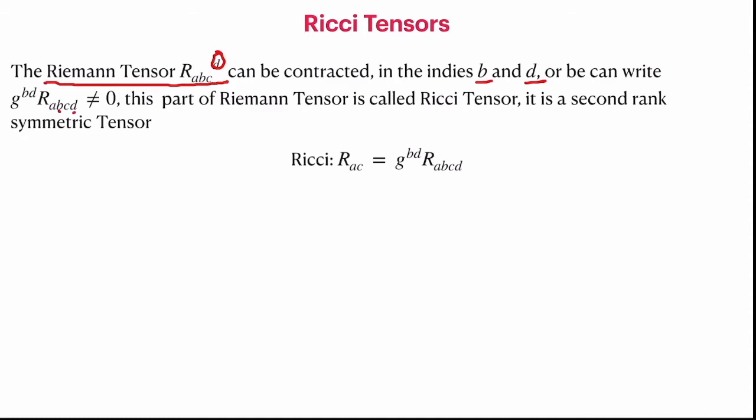If we contract with the A and B, that would give rise to 0, because we have seen that the Riemann tensor is anti-symmetric in the first 2 indices. An anti-symmetric tensor has no trace, or all the diagonal elements are 0.